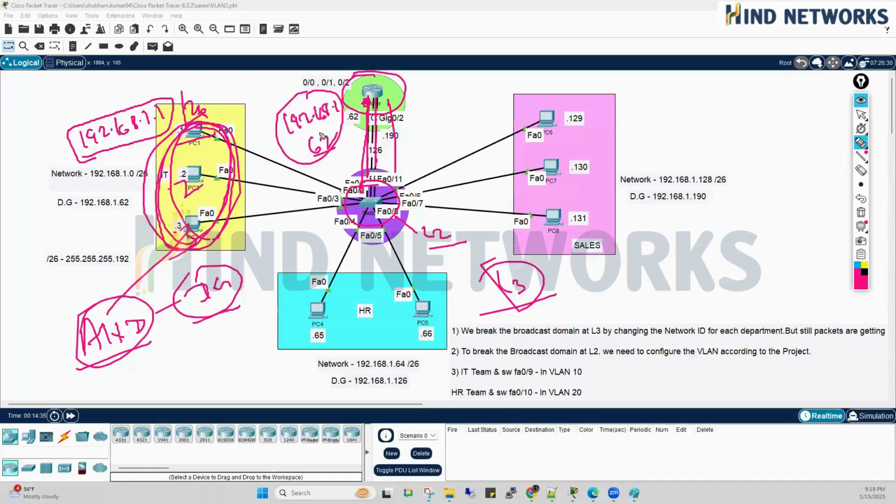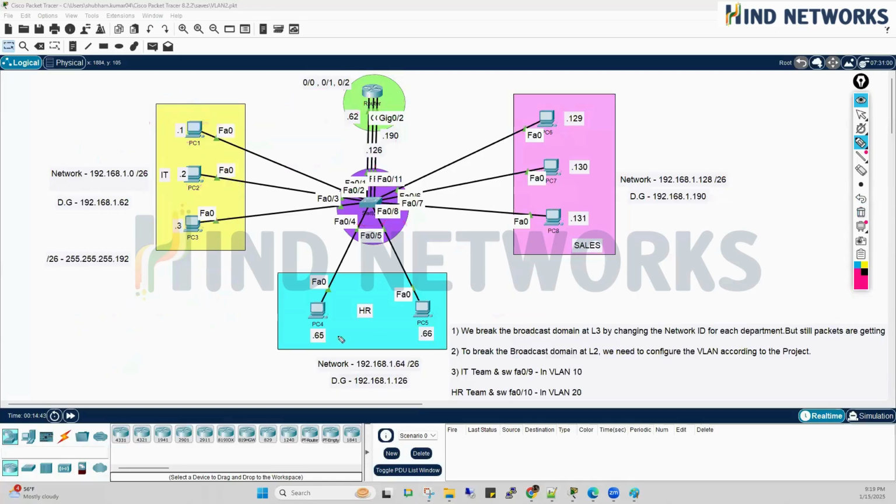That IP will work as the default gateway for all three PCs here. Done. In the same way, here I assign 192.168.1.65, 1.66, and on this interface I assign 192.168.1.126, and that will be the default gateway for these two PCs.